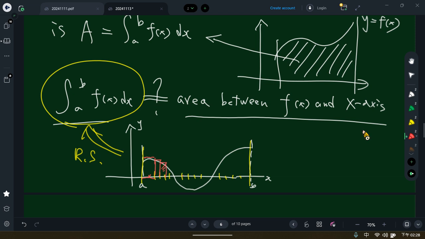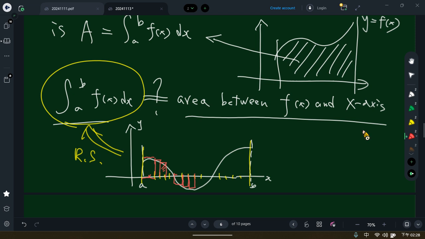Especially, please notice here it is negative. Here is negative, here is also negative. So in some sense, you can see this part will deduct this part, if we want to calculate the integral.